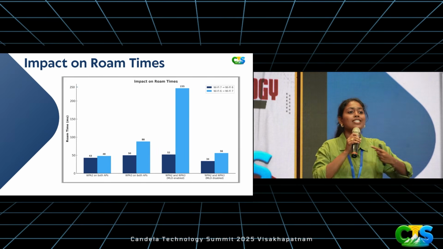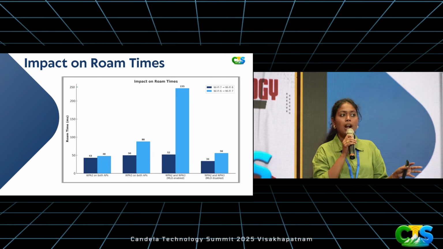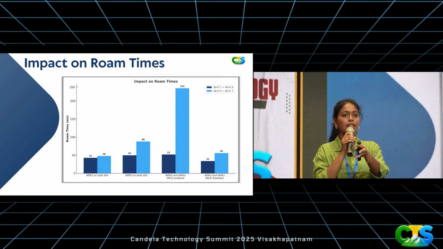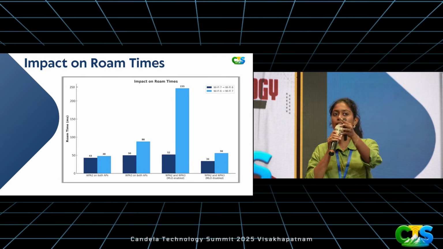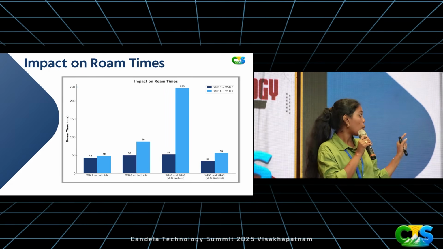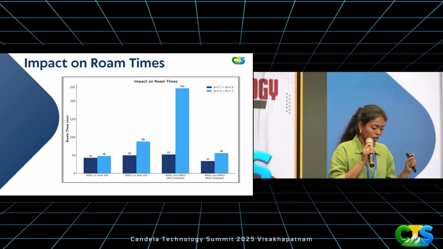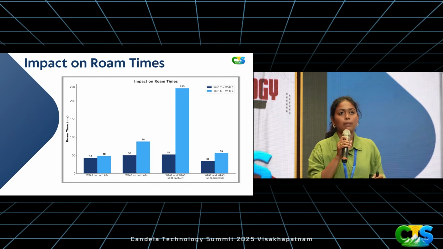When we perform the same test with legacy clients, we observe that the roam times are within 100 milliseconds to and fro, when the client is roaming from Wi-Fi 7 to Wi-Fi 6 and Wi-Fi 6 to Wi-Fi 7. But this was the only issue observed, with Wi-Fi 7 clients, and that too when MLO is enabled.